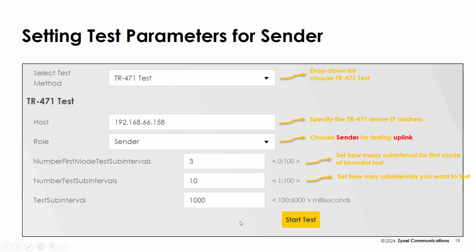And the available range, as we already know, is from 100 milliseconds to 6,000 milliseconds here. Okay, so after we decide what the parameters are, we can just click the start button to perform the test.